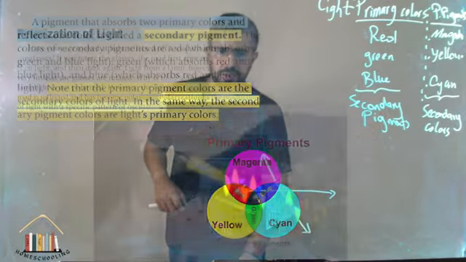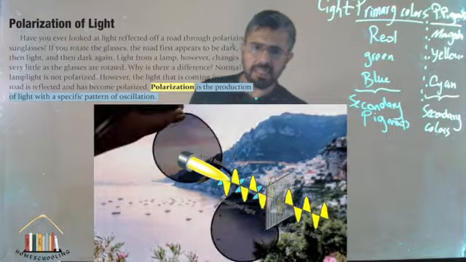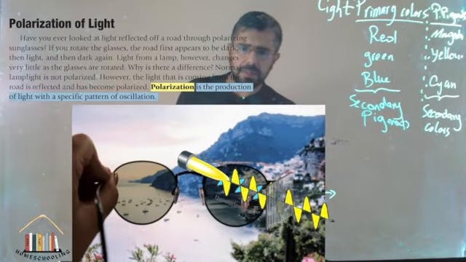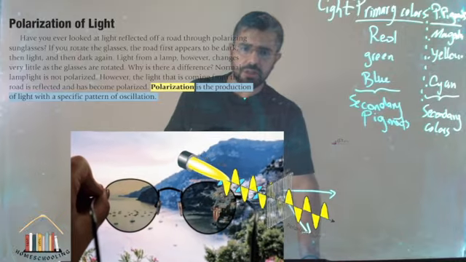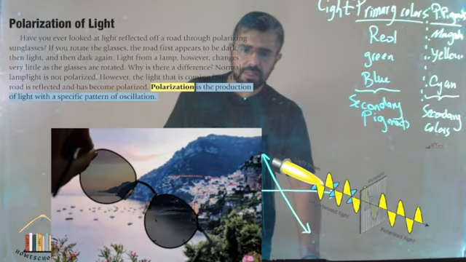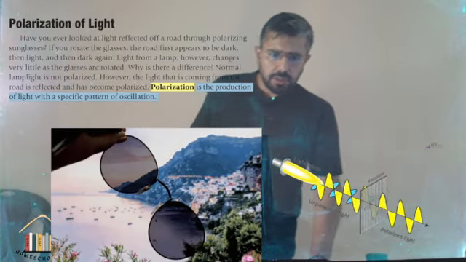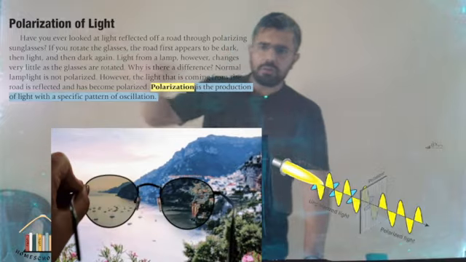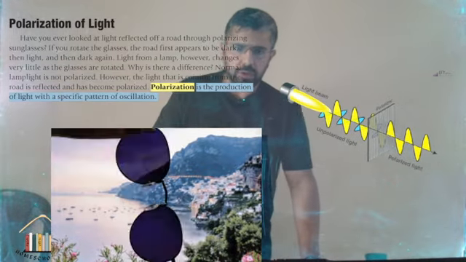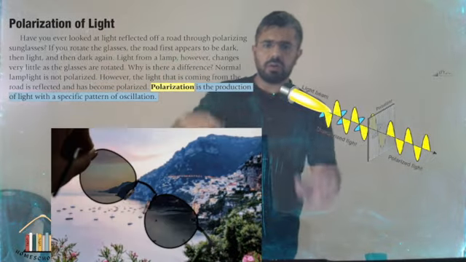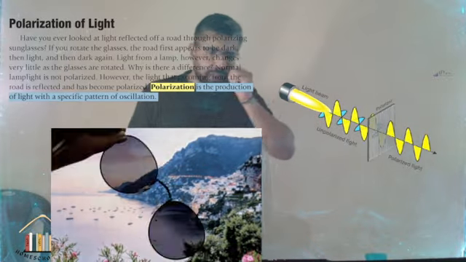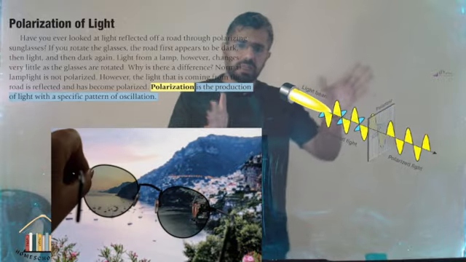We continue. This is the second part of the chapter, talking about the polarization of light. Let's clean the board this time. So now, the polarization of light. Normally the light coming from the sun, or natural light, is not polarized. It means it's going in all directions.